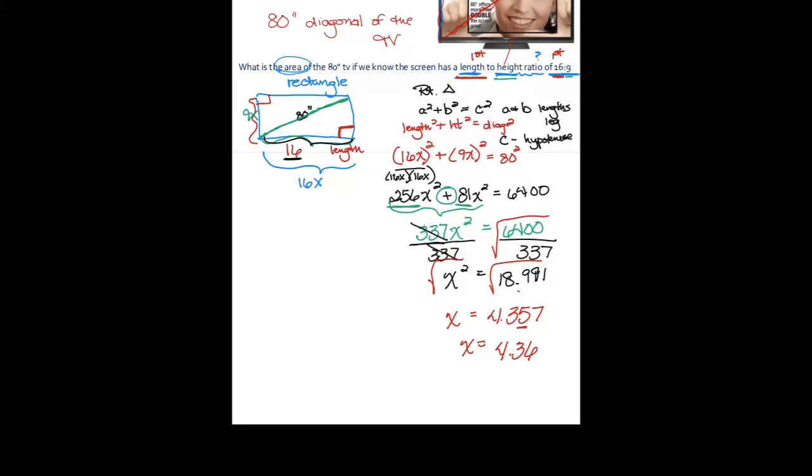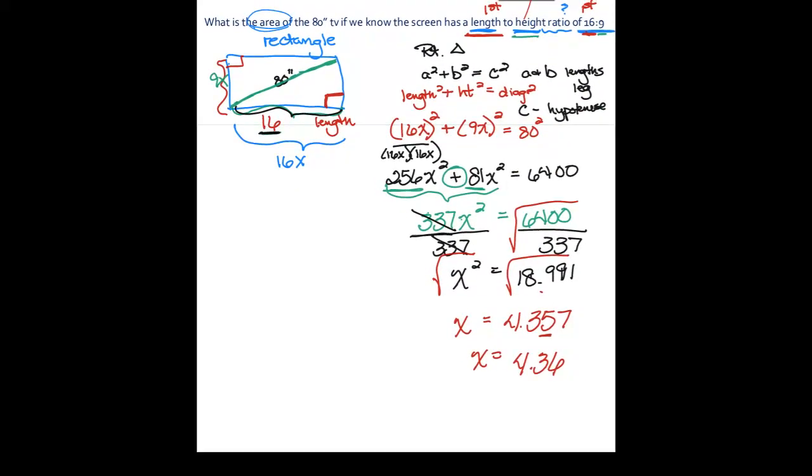So it's not even a whole number amount. So, gosh, is that a length or is that a height or neither? Is that a length? Did we say x was a length? No, we said it was some factor of a multiple, right? So my length is 16 times x.